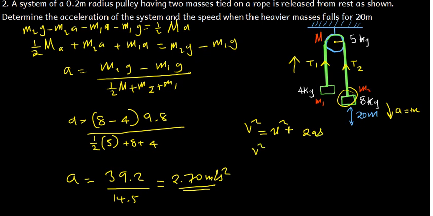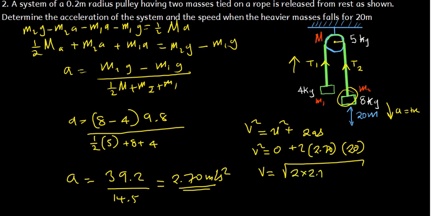Final velocity squared is equal to initial, which is 0, plus 2, the acceleration the same 2.70, the distance that it had to fall is 20 meters. So v is going to be the square root of 2 multiplied by 2.70 multiplied by 20.